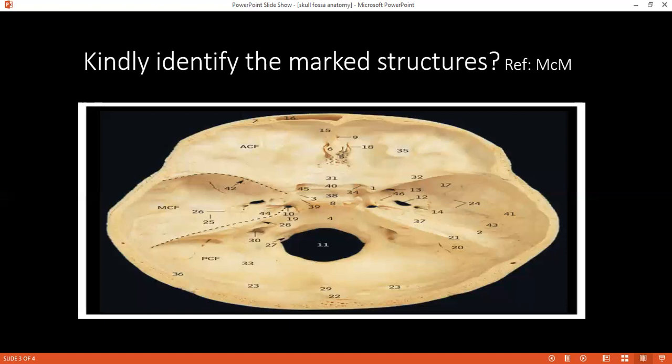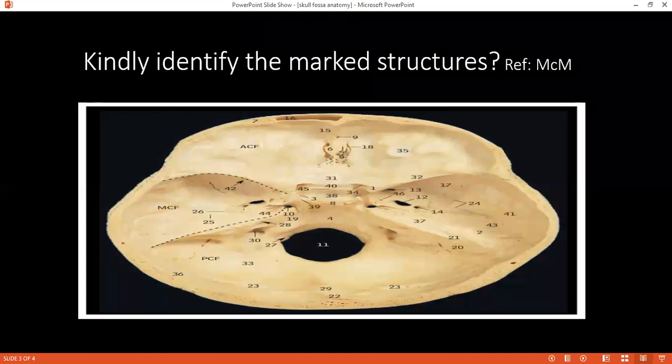Okay. Can you tell me what are the contents of the middle cranial fossa? In the middle cranial fossa, there is the temporal lobe. In the center, there's the sella turcica with the pituitary gland, and on the other side the cavernous sinus, and the midbrain.